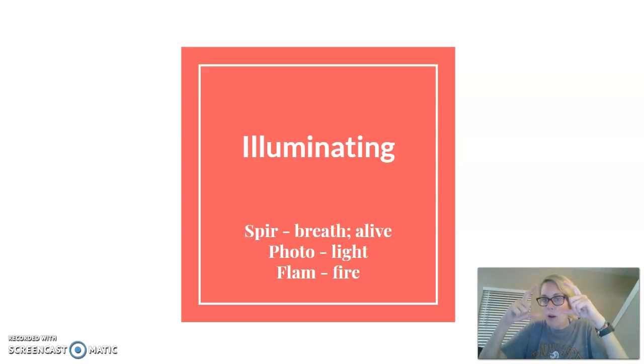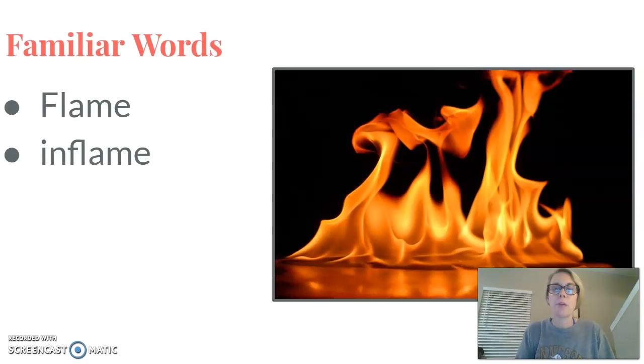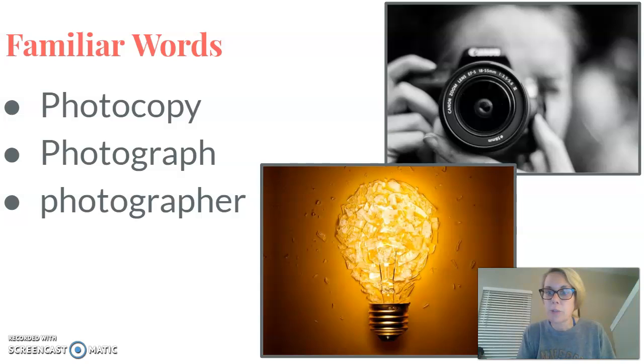Photo, light, and flam, fire. Familiar words you might know with flame, fire, or inflame. You can see that there is fire there burning. Familiar words with photo.